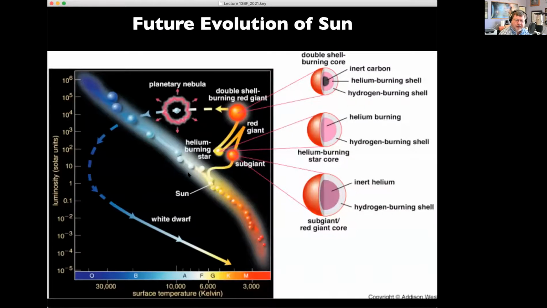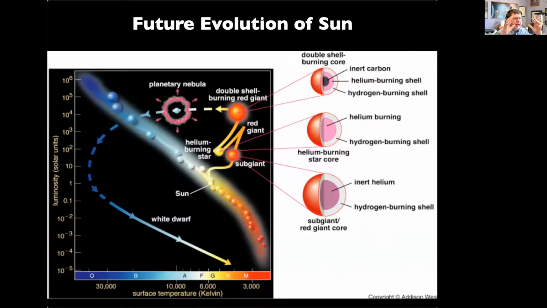We'll talk about that. As the hydrogen shell gets bigger, it's burning more hydrogen, because the bigger the shell, the more hydrogen is exposed to the shell. And the more hydrogen exposed, the more energy it produces and the hotter the sun gets.